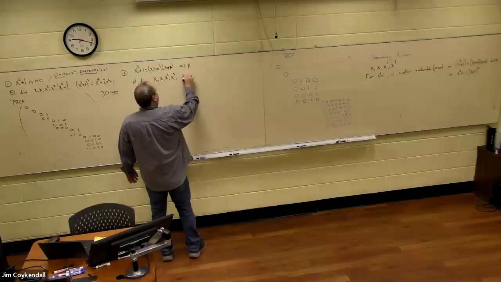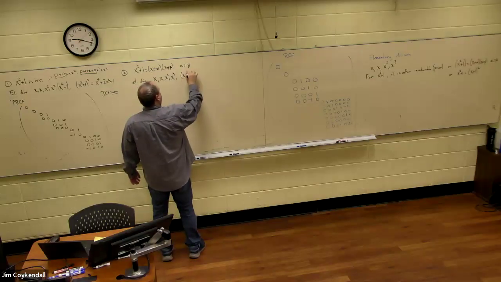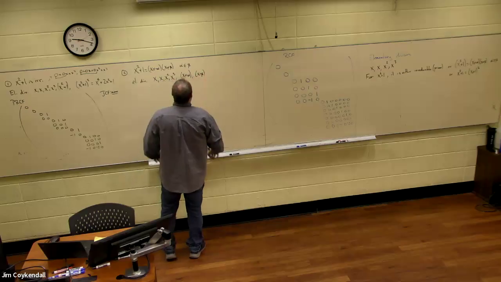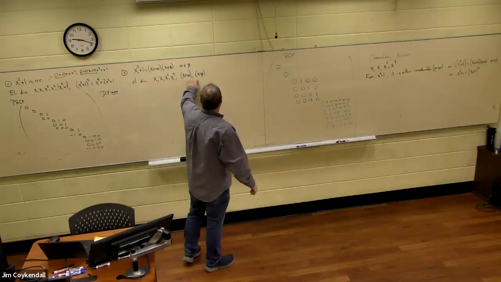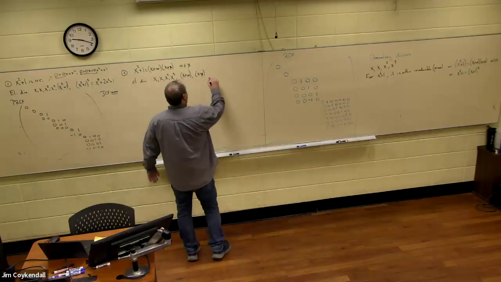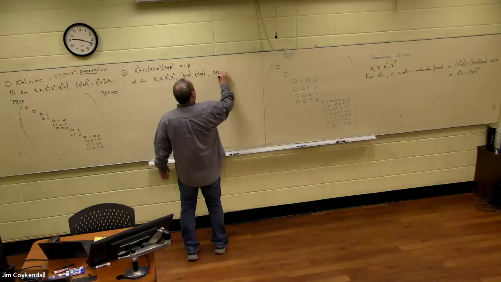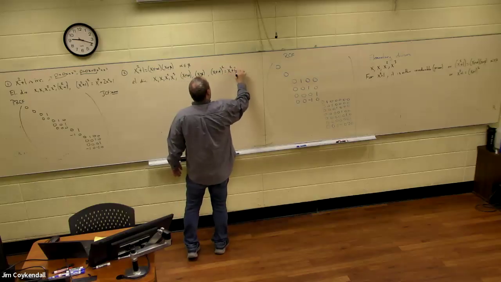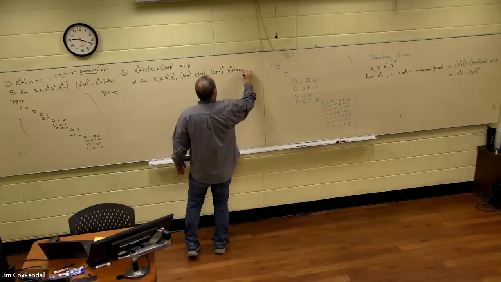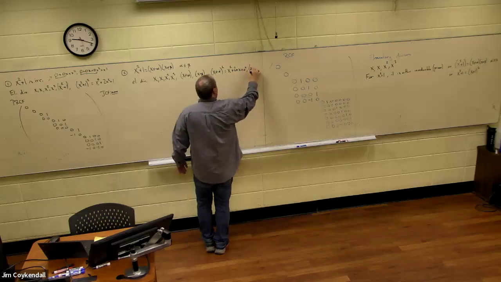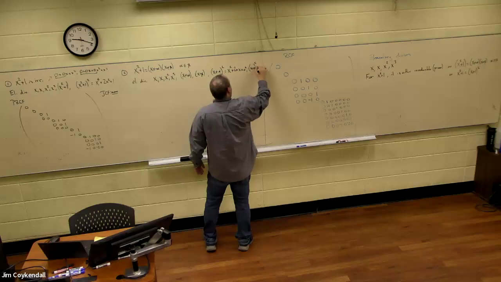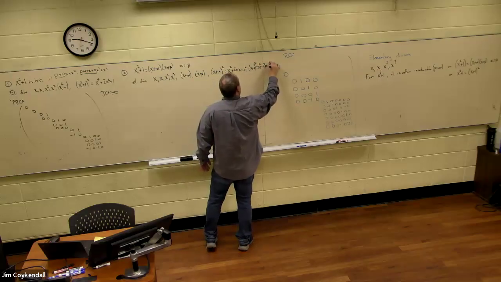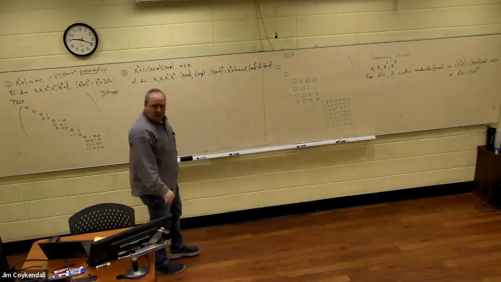And then I have x plus alpha, x plus beta, the 2 factors from when I factor this down, and x plus alpha squared, which is x squared plus 2 alpha x plus alpha squared, and x plus beta squared, which is x squared plus 2 beta x plus beta squared. Everybody see how I got those?